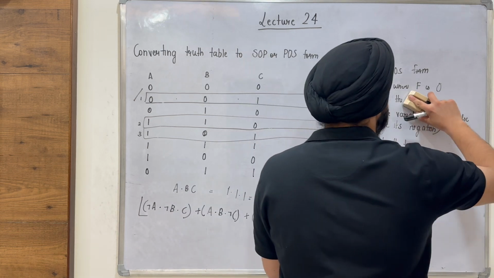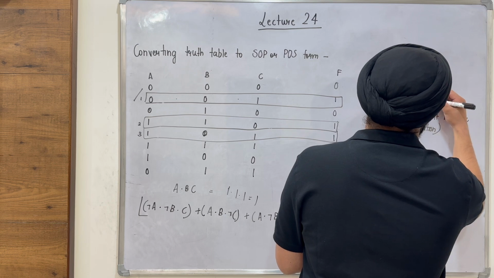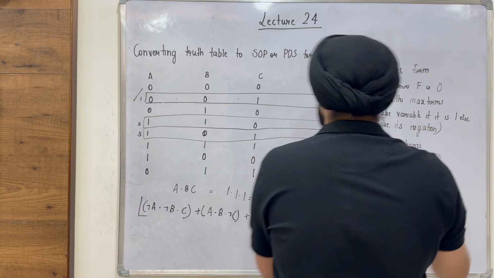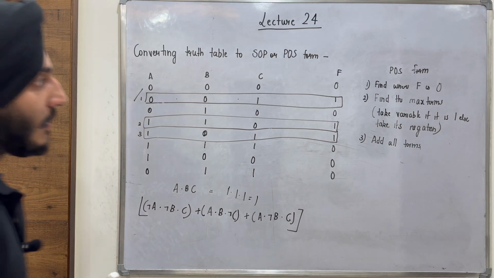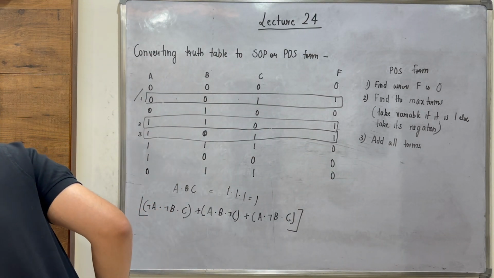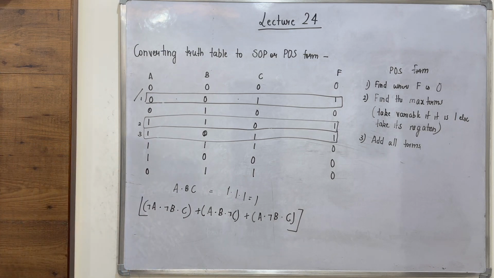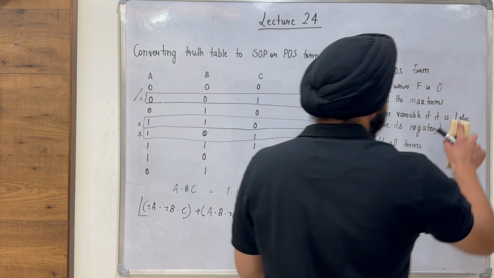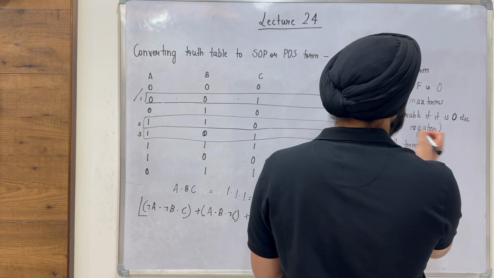We find the max terms, right? Third, what we do is take the variable if it is 0, else take its negation.